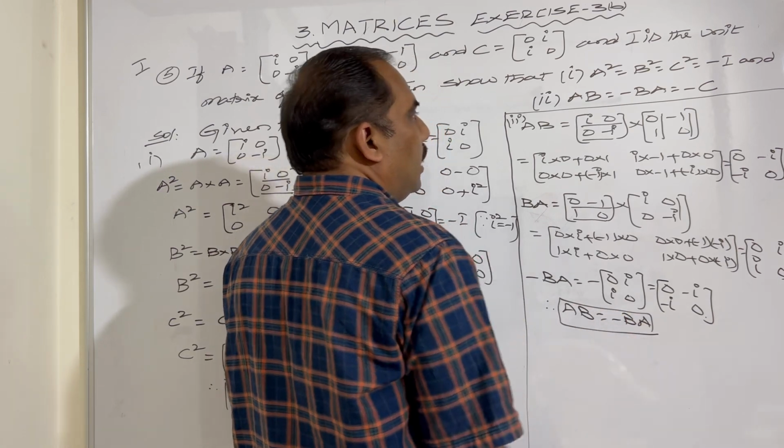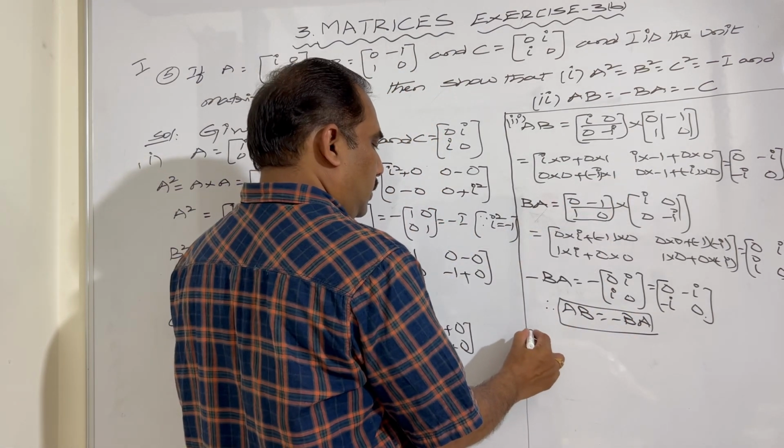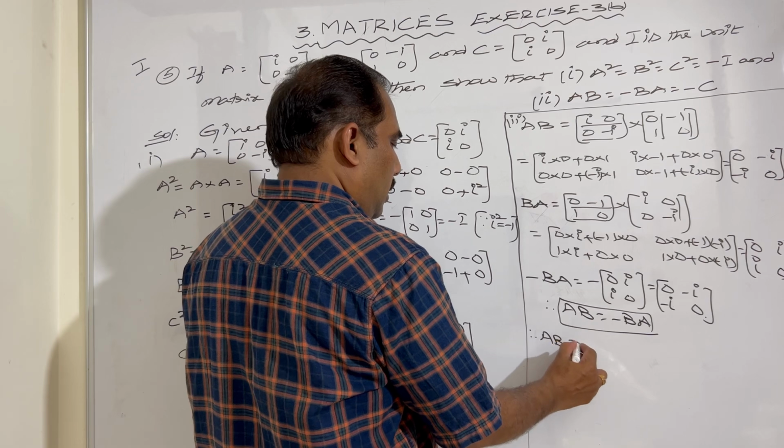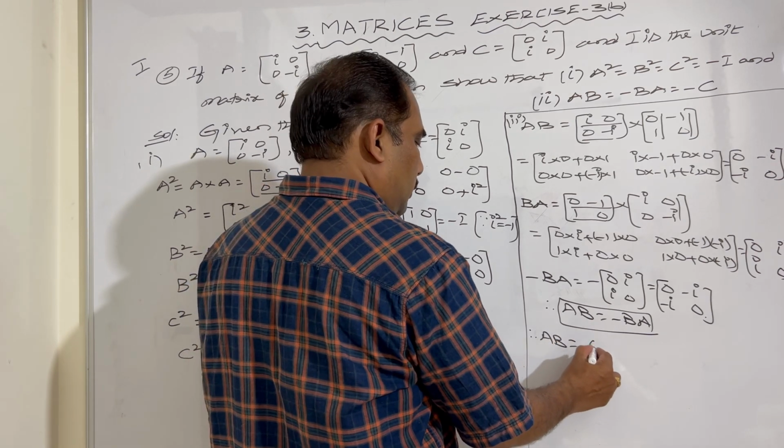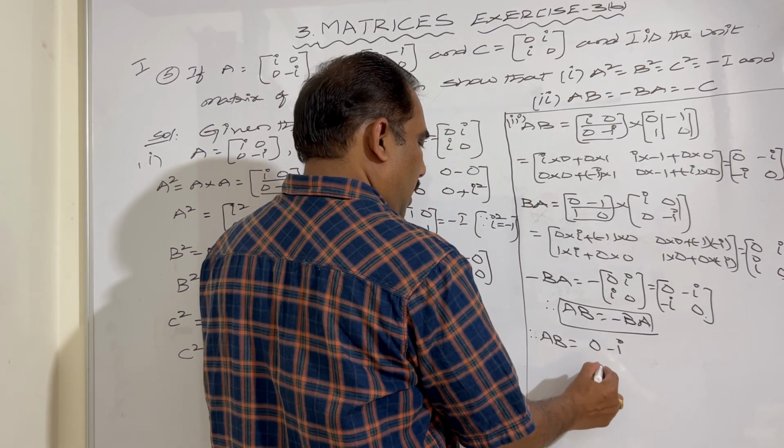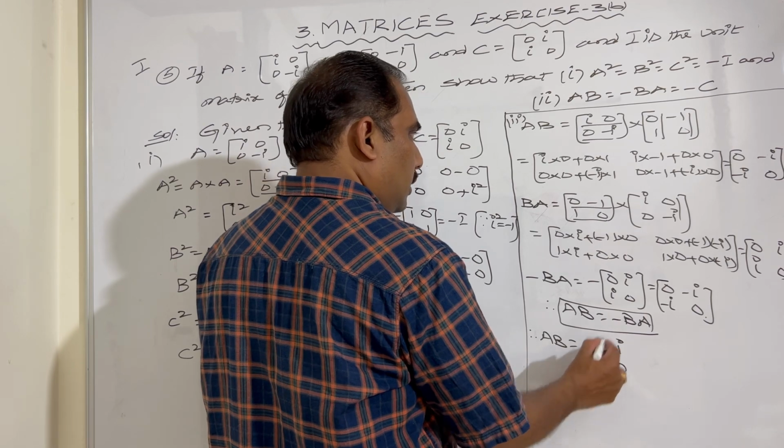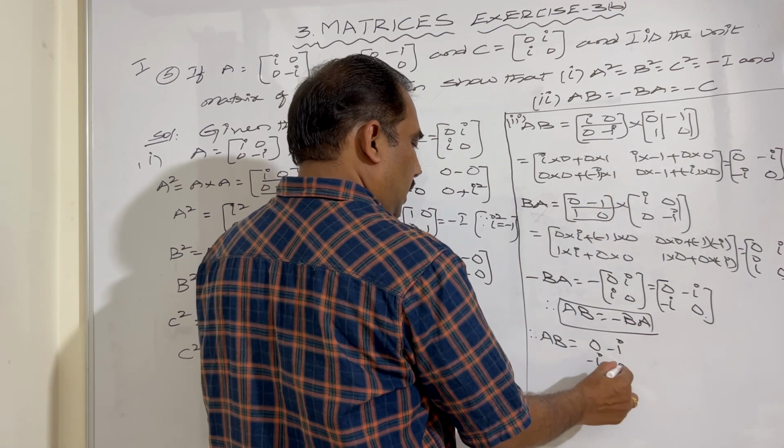And also here we have AB is equal to 0, minus i, minus i, 0.